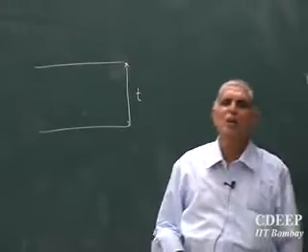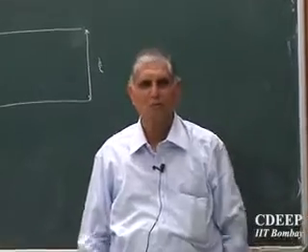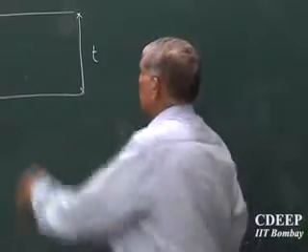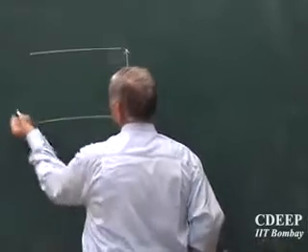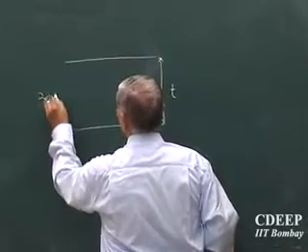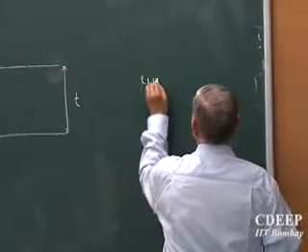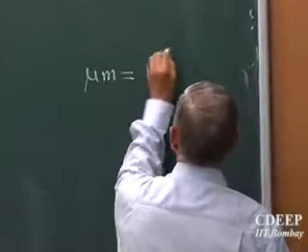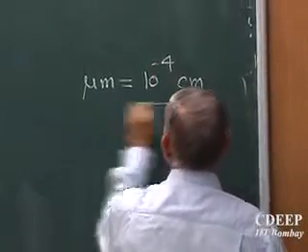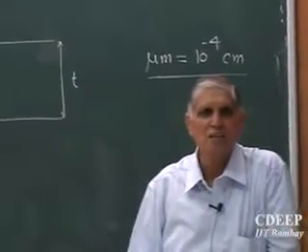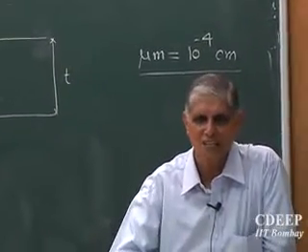Now the question is, why do you want very thin wafers? I mean, you could have a thicker wafer also. The problem is, in most cases, let's say this is 300 microns. By the way, 1 micron is 10 to the power minus 4 centimeter, and I will always use centimeter as my scale and not meters as you have studied earlier.